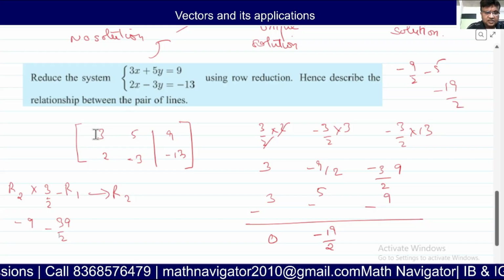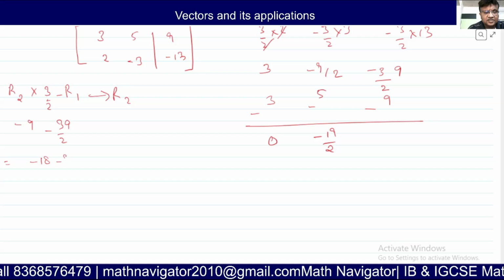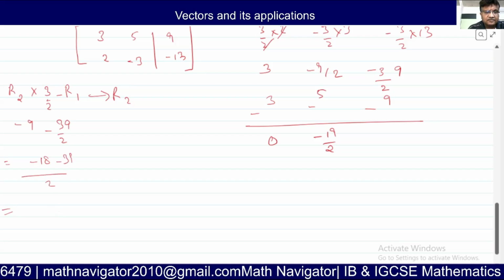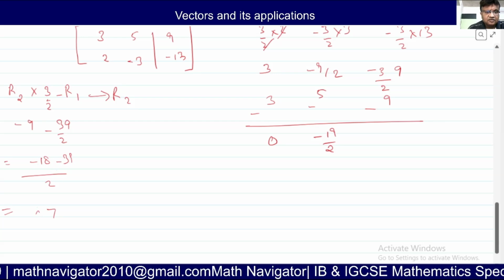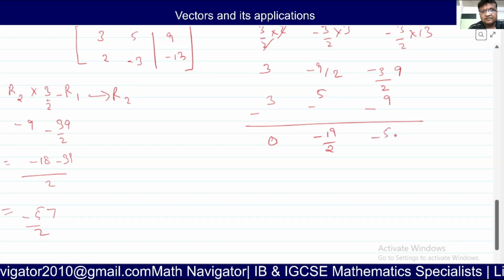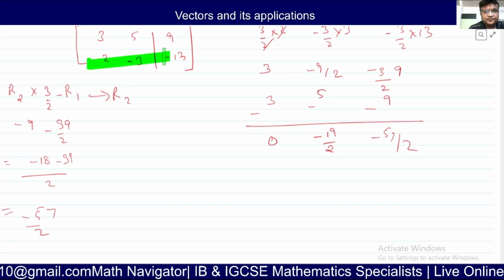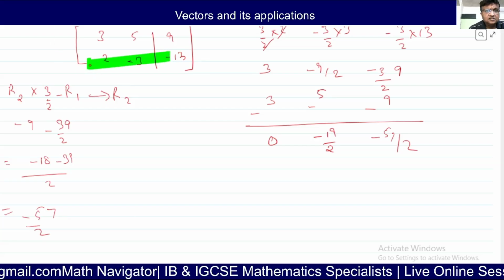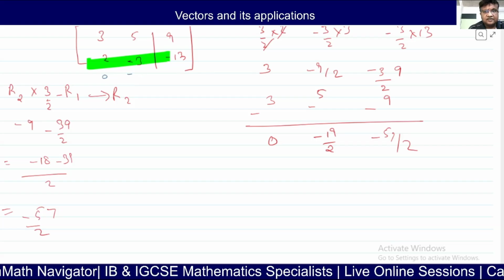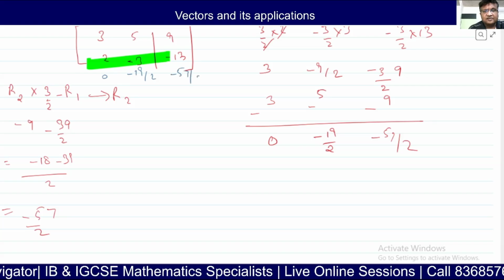So this will give me negative 18, negative 39 by 2, which will give me negative 57 by 2. So my this row will be replaced with, let's put it in this color, 0, negative 19 by 2, and negative 57 by 2.